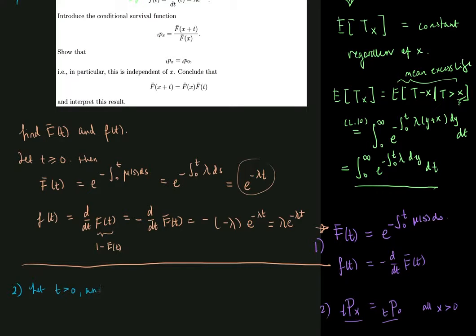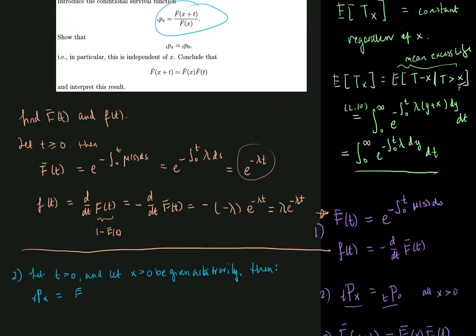And let x be given arbitrarily. So we choose any x in the world. Because then, when we calculate the conditional survival function, tpx, we use this formula they give us up here. We can also see this formula in the book.